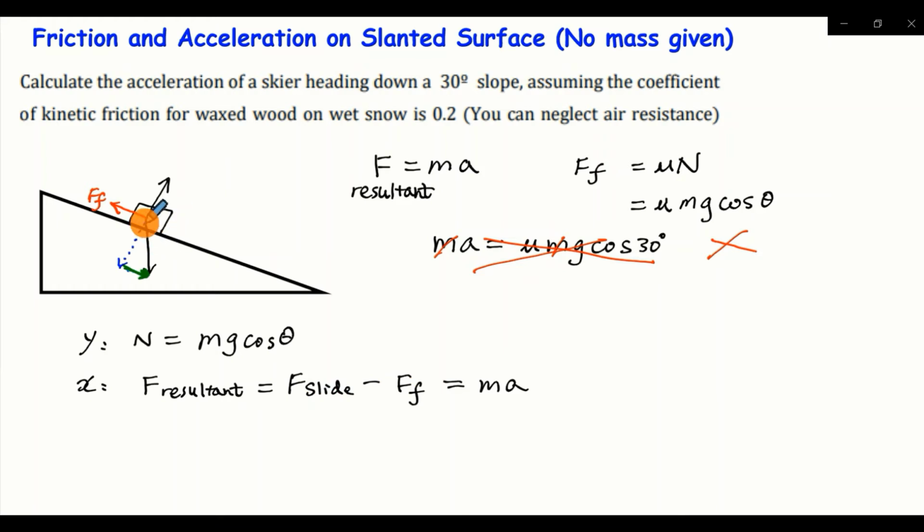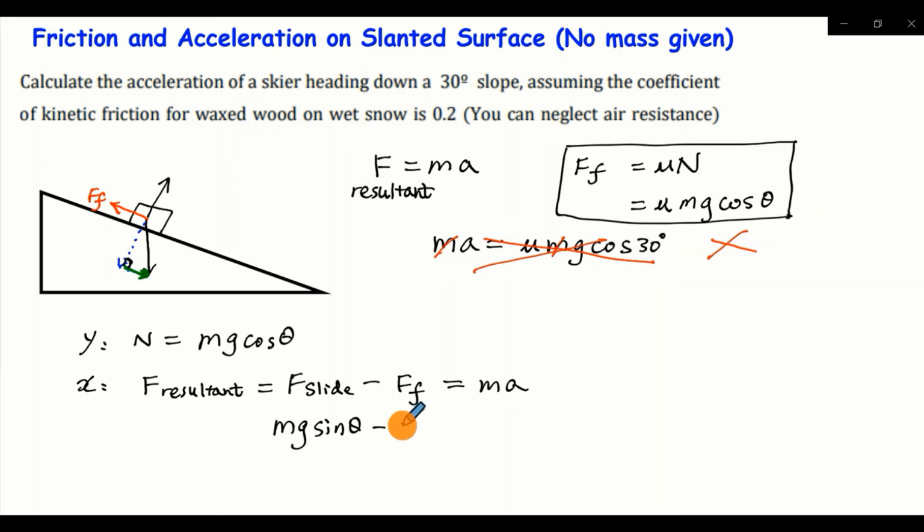The sliding force is again in this gravity decomposition right angle triangle. If the blue one is cosine, the green one is sine. So the sliding force is mg sine theta, minus the friction force. The friction force formula up here is actually correct, so we plug that in: coefficient of friction times mg cosine theta equals ma.